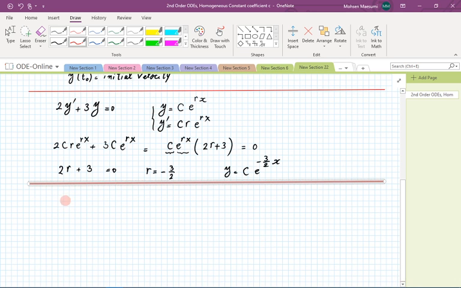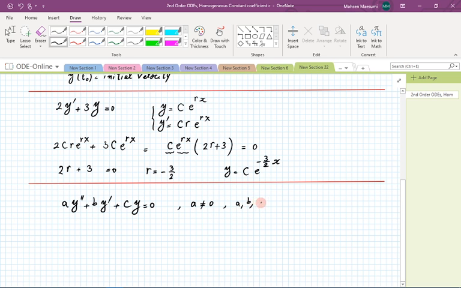So suppose I have an equation that reads a y double prime plus b y prime plus c y equal to 0. We keep insisting that a should not be 0 because otherwise this becomes a first order equation. And then a, b, c can be any constant numbers.